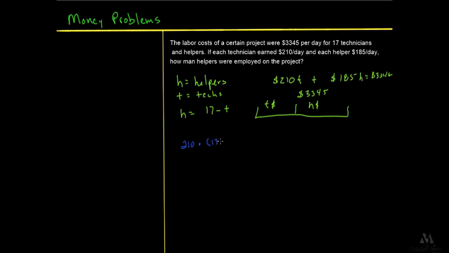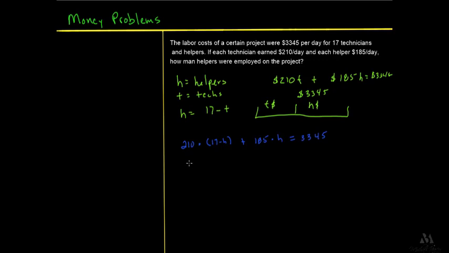So I've got 17 total, and if I knew what the number of helpers were, I could figure out how many technicians were, right? All right, so plus $185 times H. And all that's going to equal $33,445.